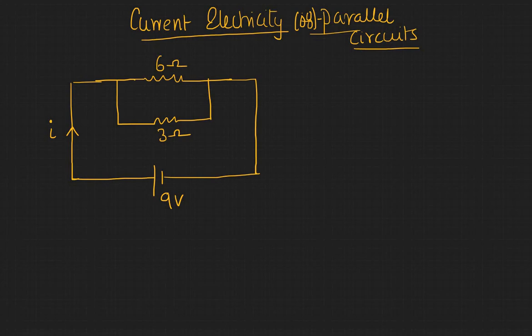Before we analyze this, let's imagine this battery produces 2 coulombs, or rather it's producing a lot of coulombs. For every coulomb it produces, there is 9 joules per coulomb, and then there is another 9 joules per coulomb.